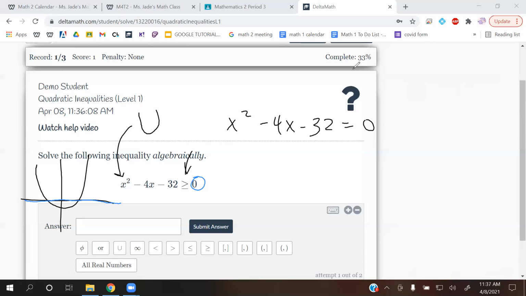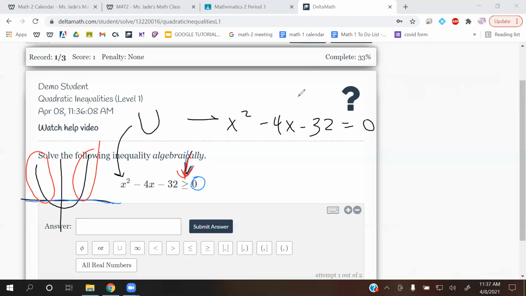And we want our black graph, the U shape, the parabola, to be greater than or equal to 0. So we're going to want the sections that are above 0. Okay, so greater than means above. So we're going to want this section and this section, because those are the sections where your curvy parabola are above the blue line. So those are the sections we want. That's just a preview. Let's figure out what x values we're dealing with here.